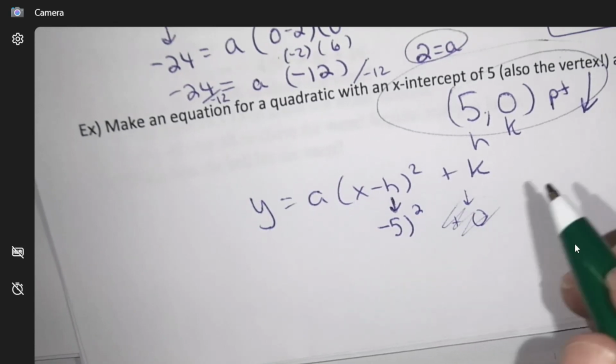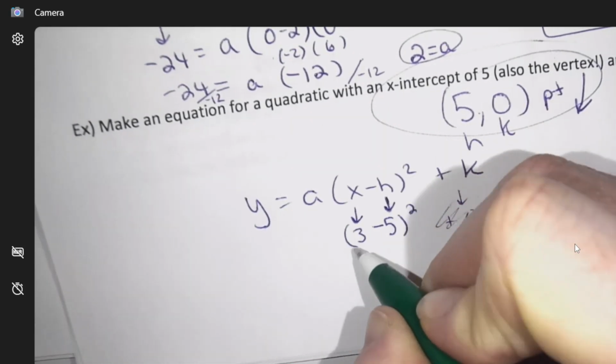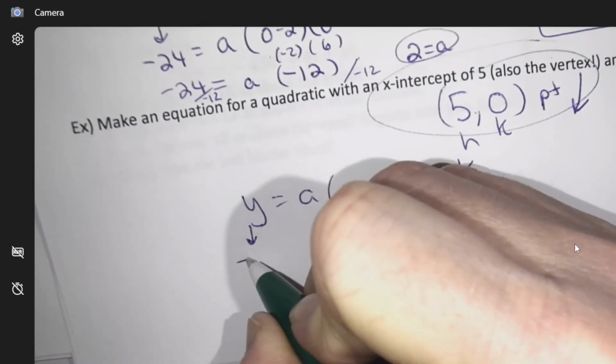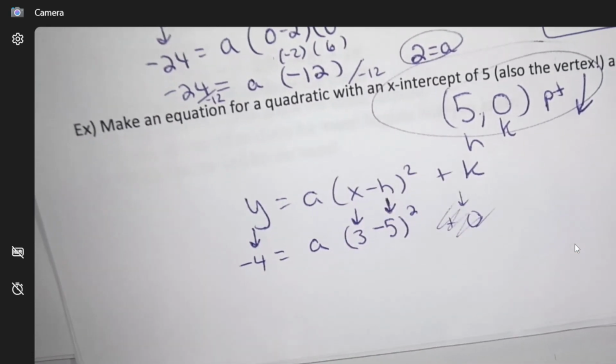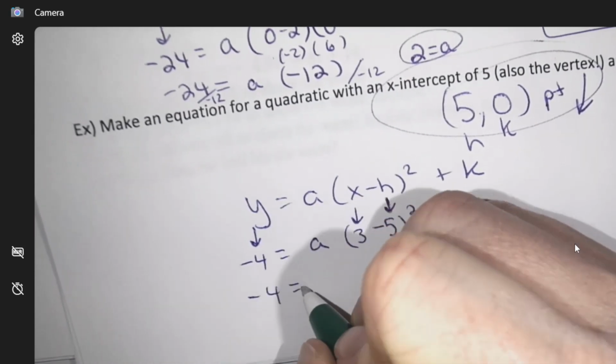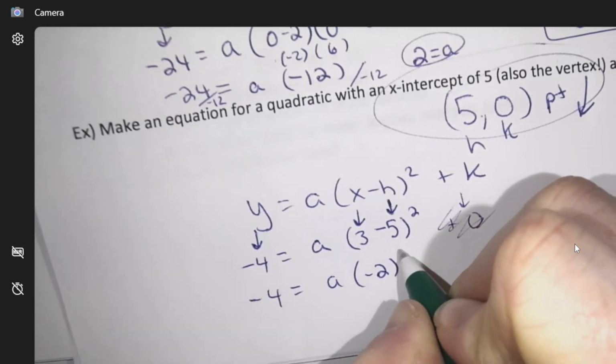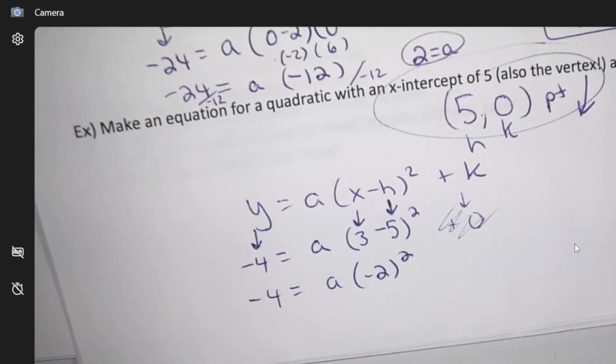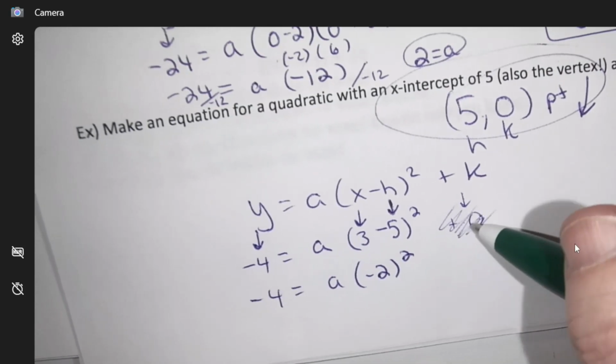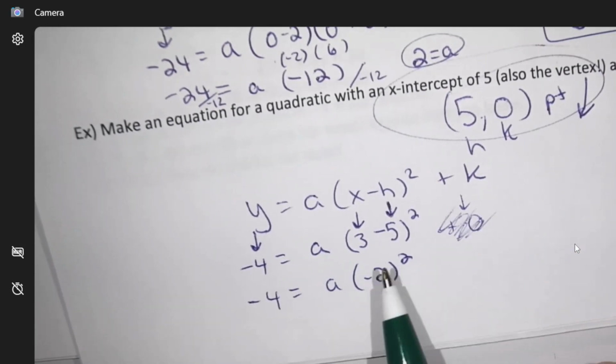Okay, under the X, I'm going to put a 3, and under the Y, I'm going to put a negative 4, and then I'm going to determine what A is. Okay, so this wasn't anything, so we're done that.